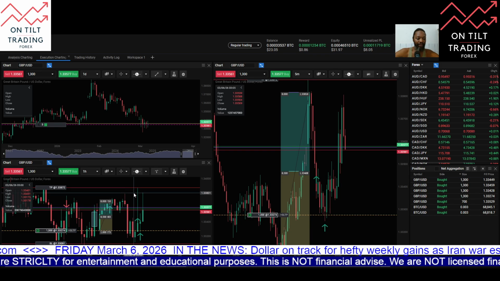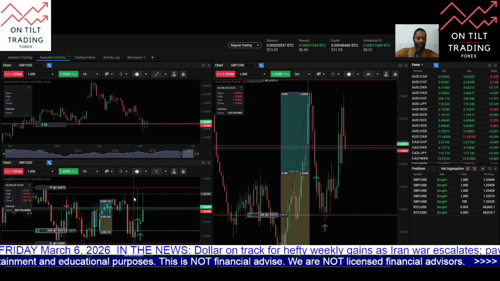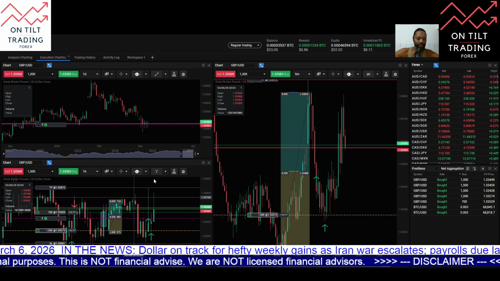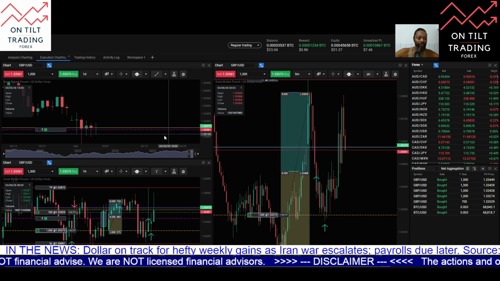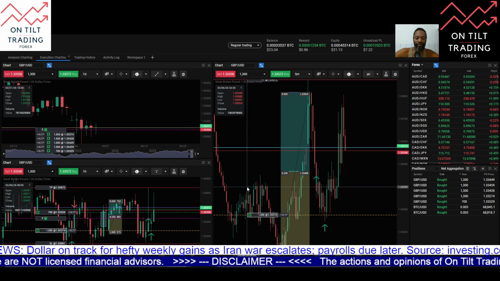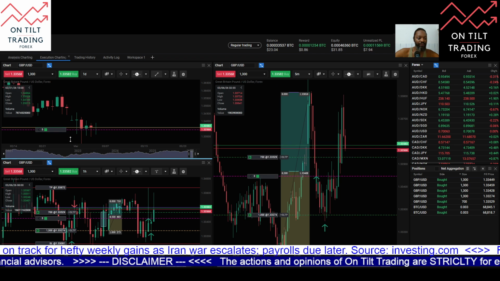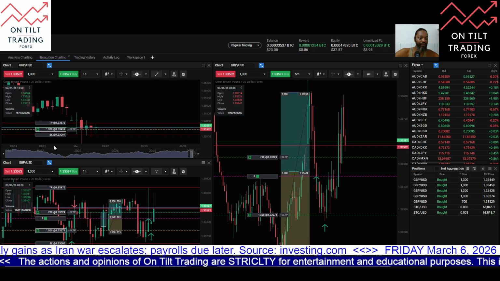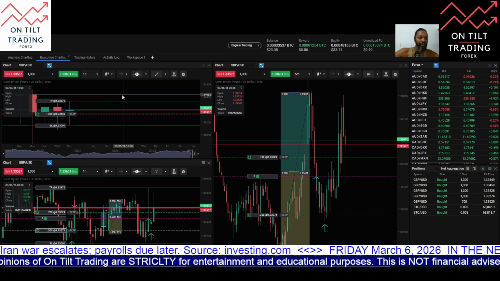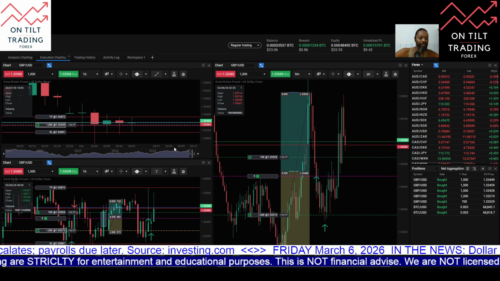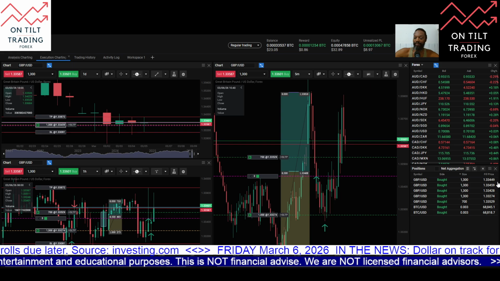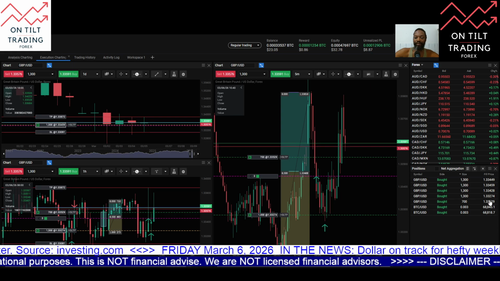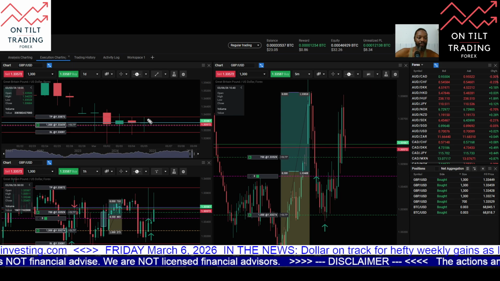And then I have a position that I put on during the London session, and that position is for that weekly level here. So targeting a higher level of liquidity here.